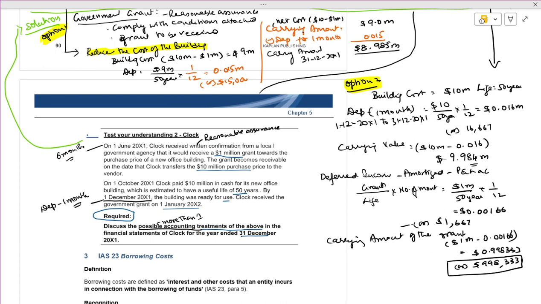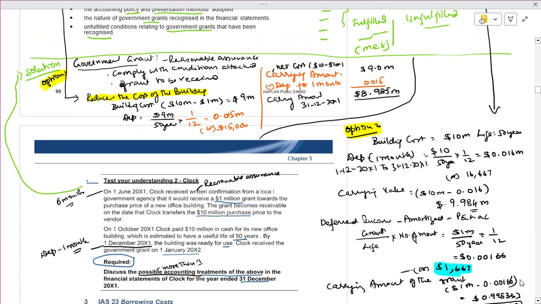This is the amount to be shown in the statement of financial position, and this is the amount to be shown in the profit and loss account. Very important. This much we have to think in terms of today.